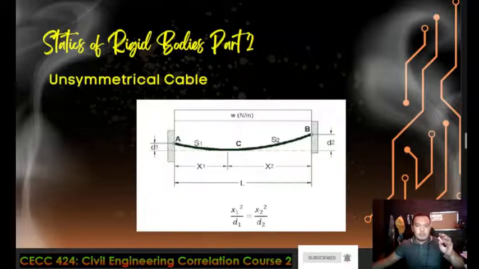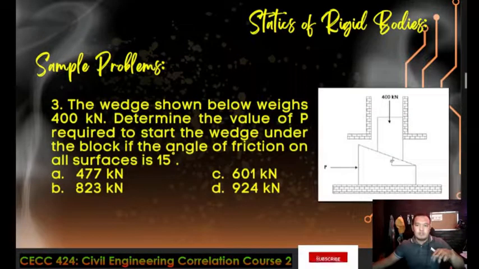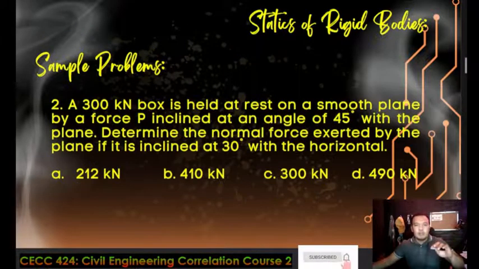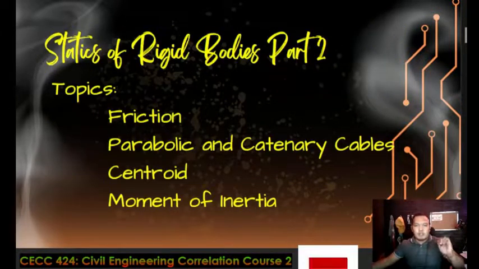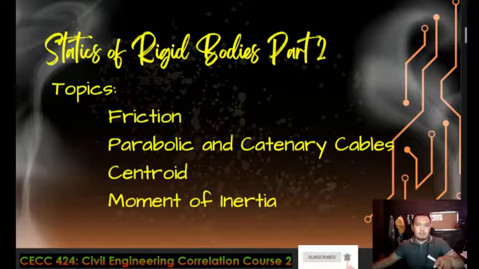So, part 2 naman siya ng statics of rigid body, yung mga hindi ko na-discuss na nakaraan. Kasi di ba yung unang discussion natin is about resultant force, equilibrium, methods of joints and sections, and members. Ngayon naman, dun sa next video ko, meron tayong friction, parabolic and catenary cables, centroid, moment of inertia naman. Okay? So, hoping na panoorin niyo po yung aking video.